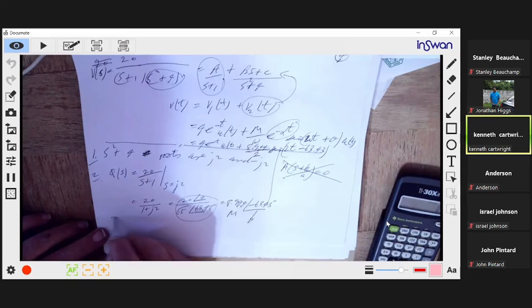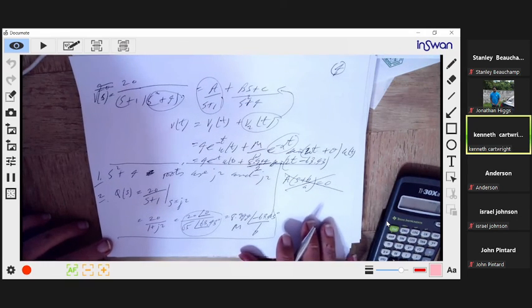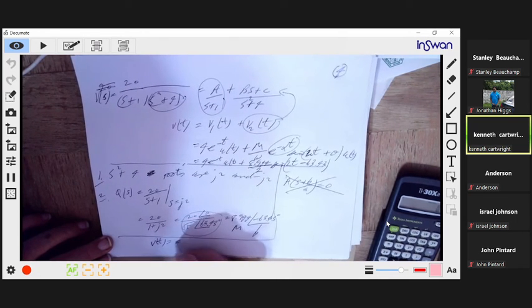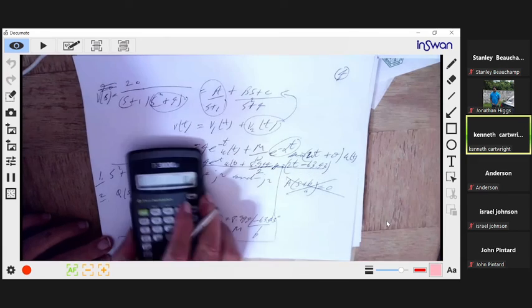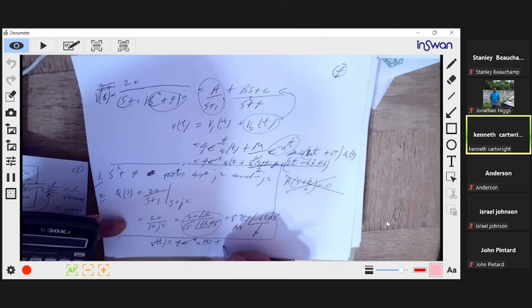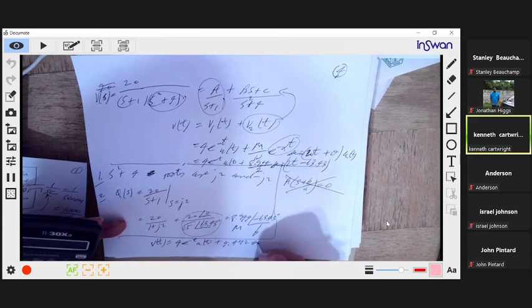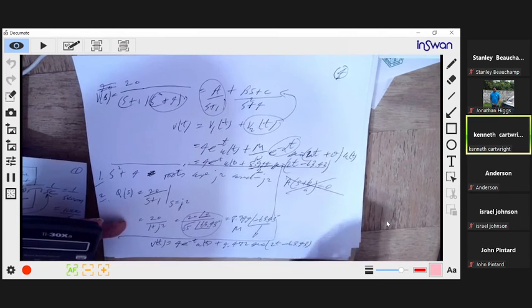And so finally, down here, I'm going to write V of t equals 4 e to the minus t u of t, 8.944 divided by 2, 4.472 sine of 2t minus 63.43.